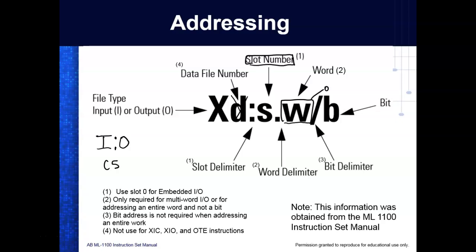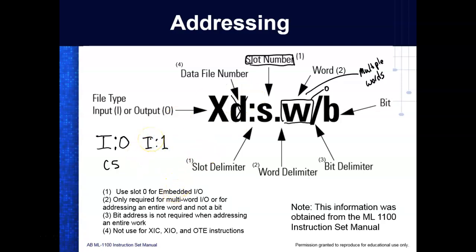You understand this so far? Yes or no? So this only comes into play if you have multiple words. So right now that thing's got a 16. It's in slot 1, so I'd say I, and then I'd say slot 1. Right? You understand?